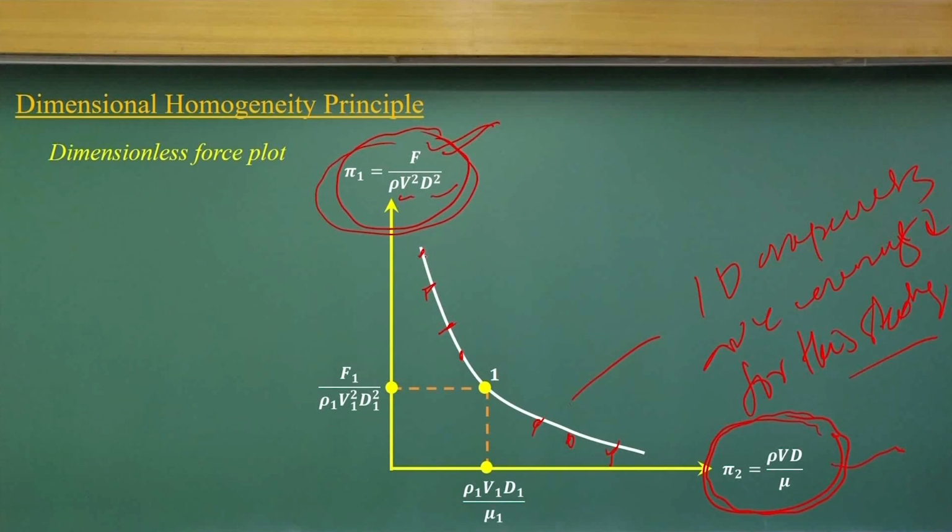If you get this curve, it is easy to find out the force at different Reynolds numbers. So one benefit is that dimensionless analysis saves us from doing a large number of experiments.